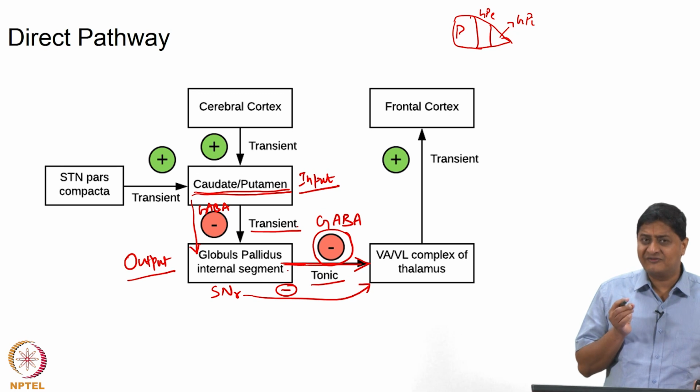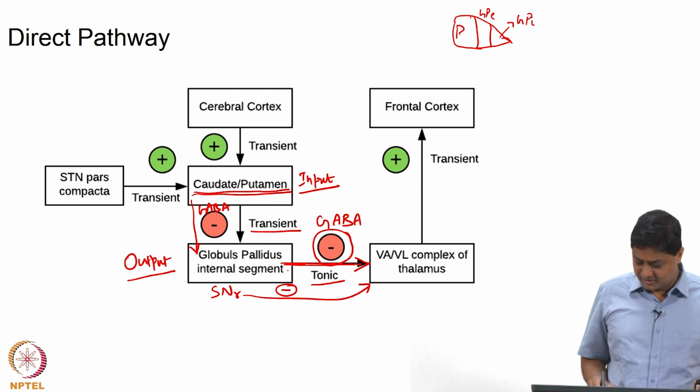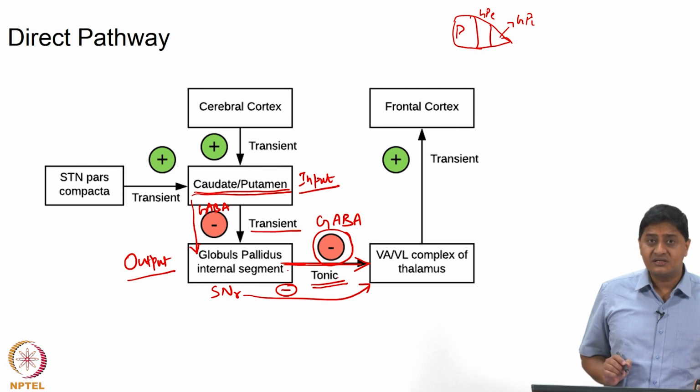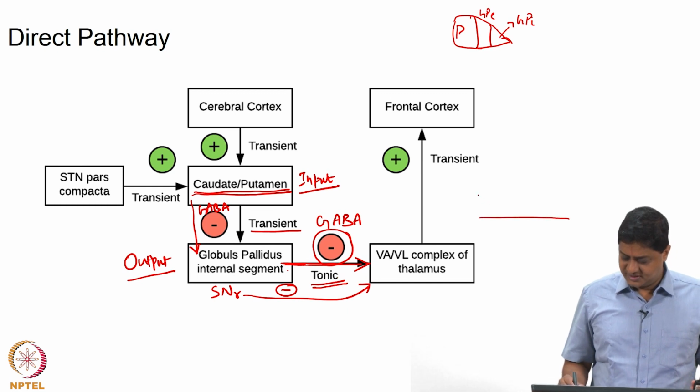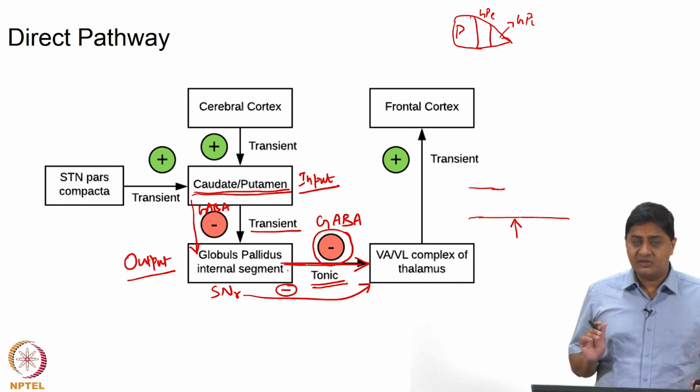For a brief period of time, the inhibition provided by the GPI neurons is halted. Let us consider that is the level of inhibition provided by the GPI neurons. Let us suppose at a particular point in time the striatum sends input directly to GPI and inhibits the GPI activity.